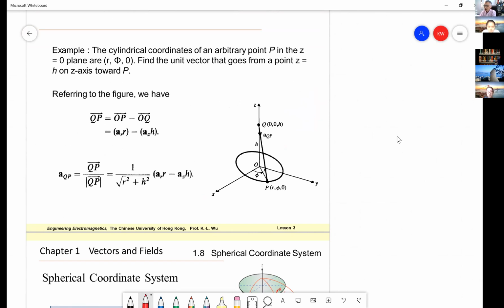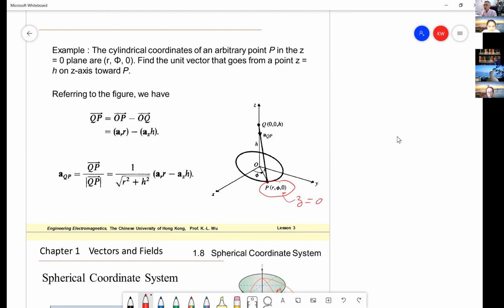Say, for example, I have a point P. I describe it in cylindrical coordinate system, which is convenient because I keep the same radius r, arbitrary phi, and z equal to 0, say.